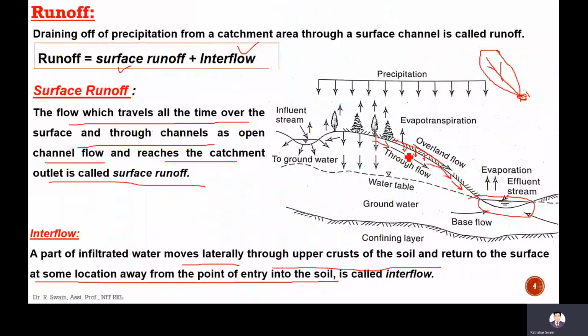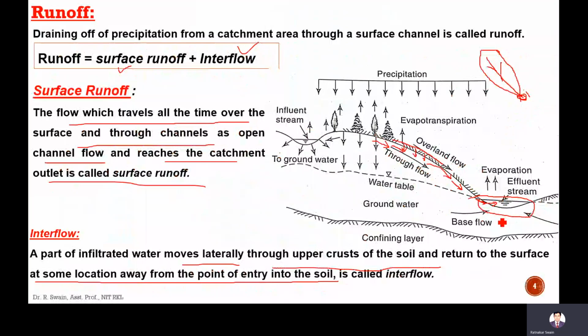Let this be the point of entry into the soil. It moves laterally in the soil and joins the stream at this point. So here it infiltrated, here it joins. This part of infiltrated water which joins the stream is also called runoff, that is called interflow.